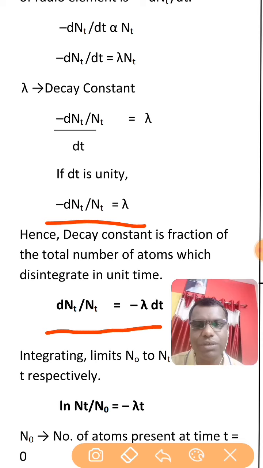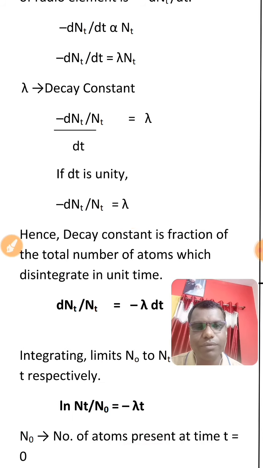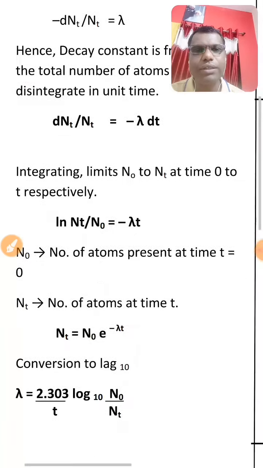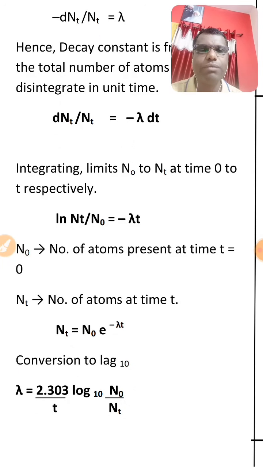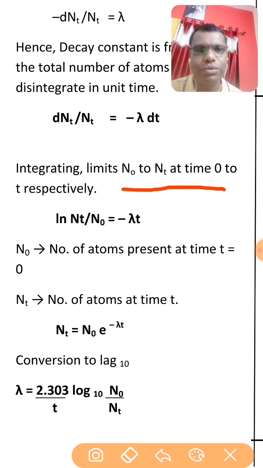From this equation, we derive the equation for decay constant lambda by integrating between the limits of N0 and Nt. The limit N0 is at time t equal to 0, and Nt is at time t equal to t.